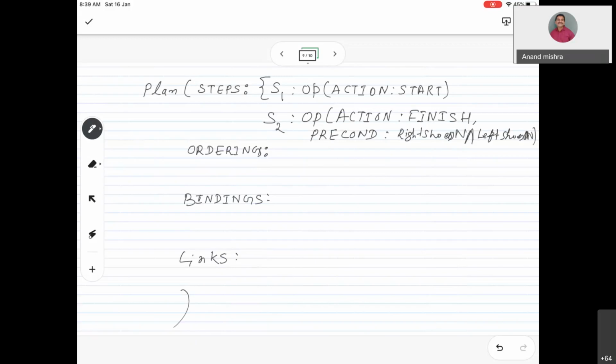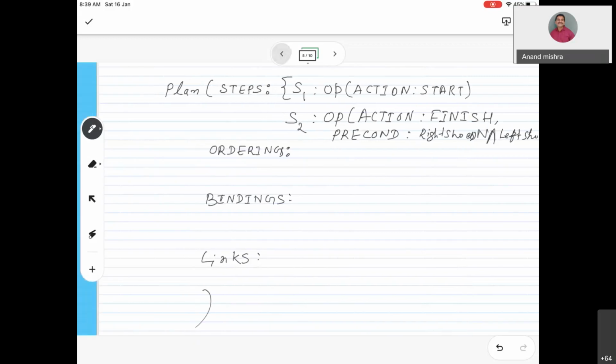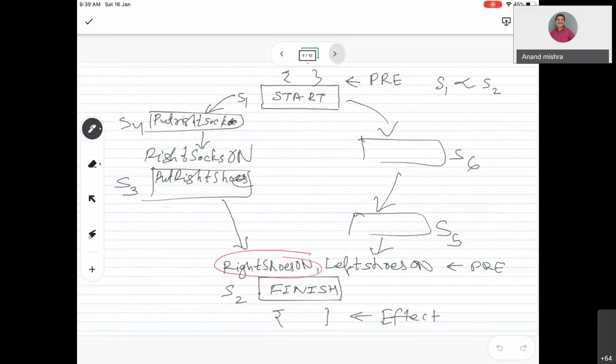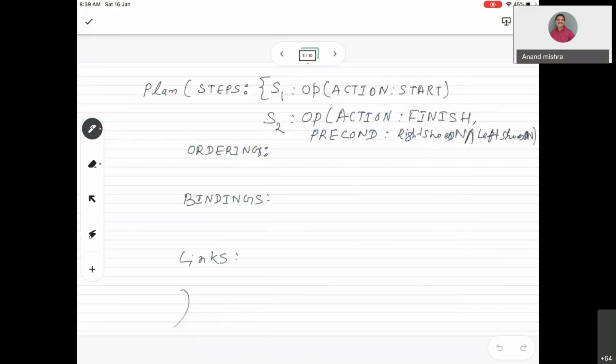Ideally, when you write for everything, you need to write for S3, S4, S5, and S6 as well in this particular example, and you will have more ordering, but I'm just writing for the beginning case. What is the ordering? S1 has to be before S2, right? And there is no binding here, there is no link here, they are empty in the initial thing.